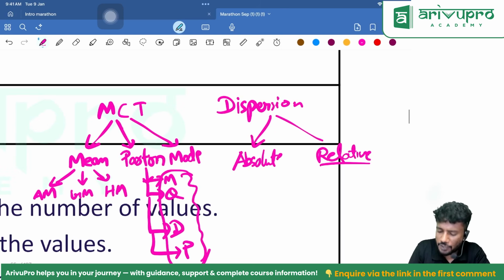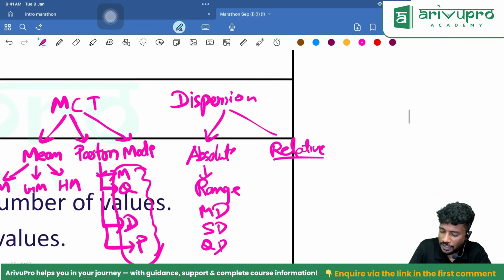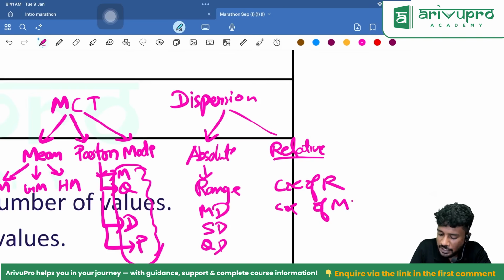Then in absolute measures, what all things are there? Range, mean deviation, standard deviation, and quartile deviation. In relative measure, coefficient of range, coefficient of mean deviation, coefficient of variation, and finally coefficient of quartile deviation.